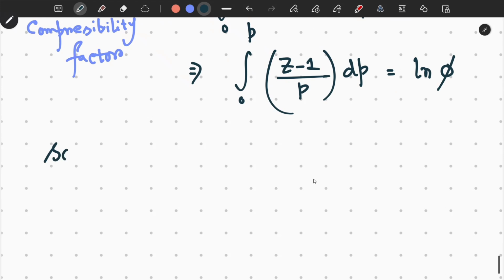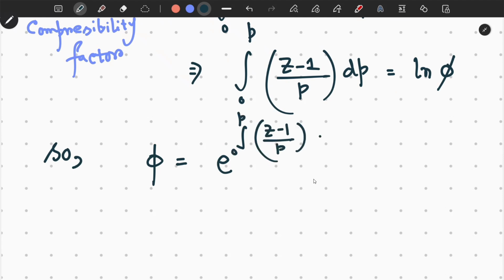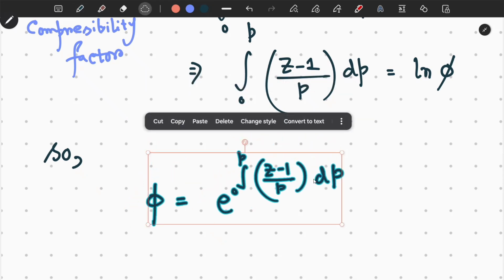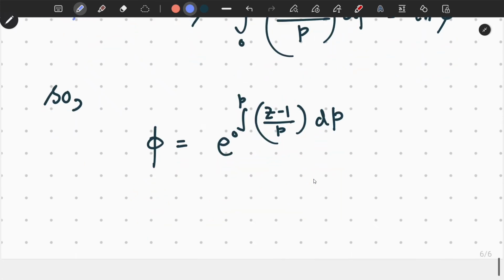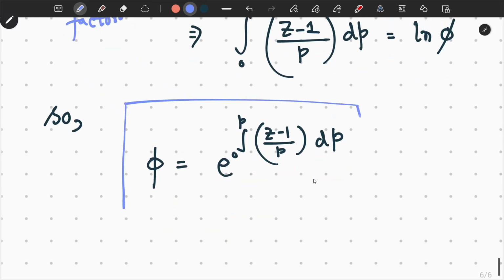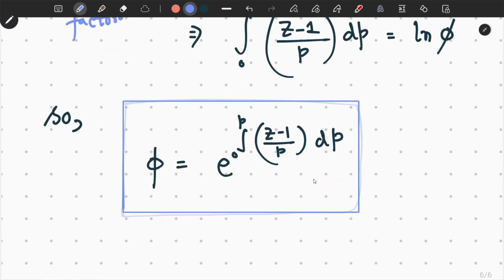So phi, the fugacity coefficient, is e to the power of this. This relation is important. This is the main formula.